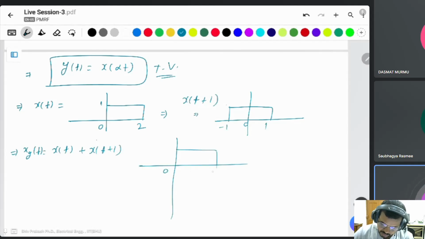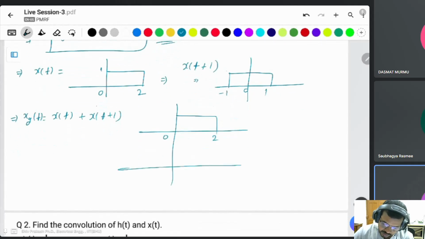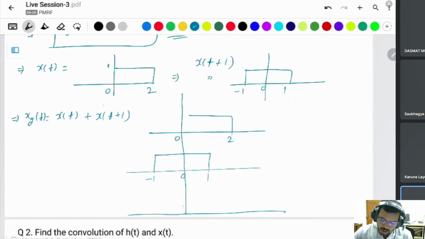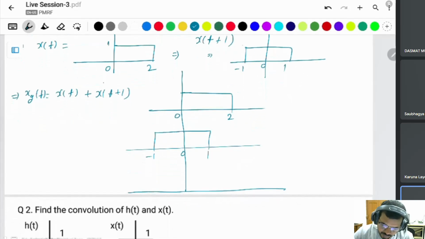This is the 0 to 2, x(t). This is x(t+1), -1, 0, 1. If you add this one, sorry, then it does not depend on this one. To add, it starts from -1 to 0, the same.